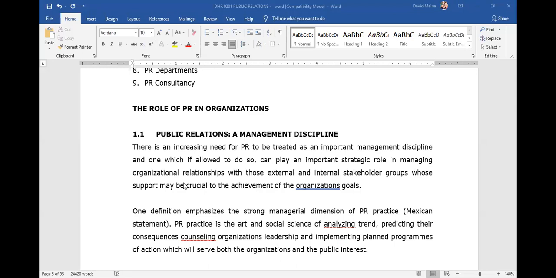And maybe you have a PR department. The people who will be dealing with the media are the PR managers in that department. So it helps in managing organizational relationships with those external and internal stakeholders.